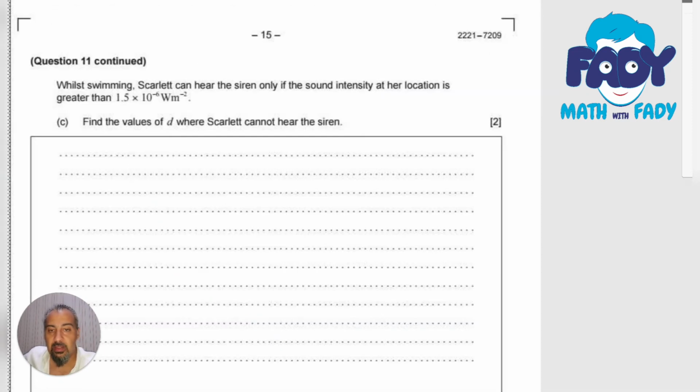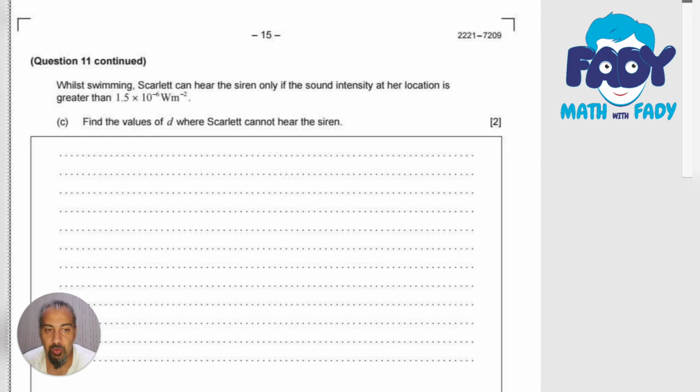Then C. Whilst swimming, Scarlett can hear the siren only if the sound intensity at her location is greater than 1.5 times 10 power negative 6.